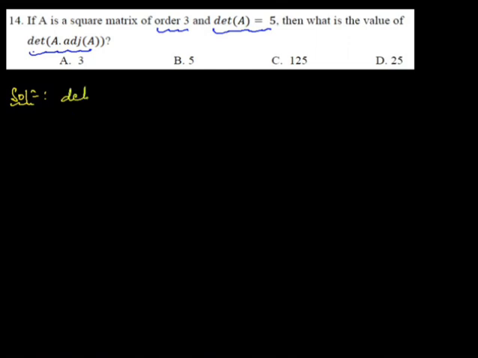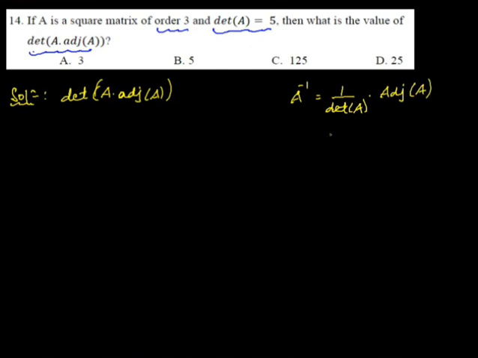So the question is the determinant of A times the adjoint of A. In place of the adjoint of A, we need to substitute its equivalent expression. We know that A inverse is calculated by 1 over the determinant of A times the adjoint of A. This is one of the formulas for finding the inverse.